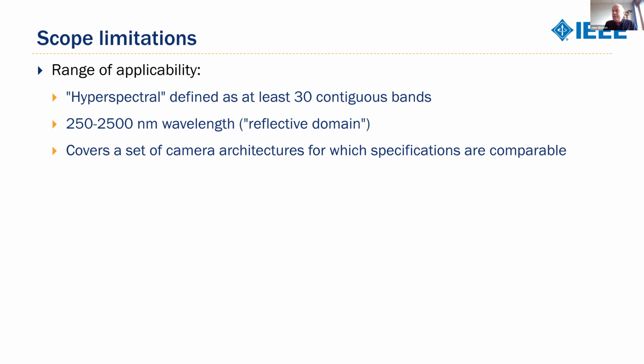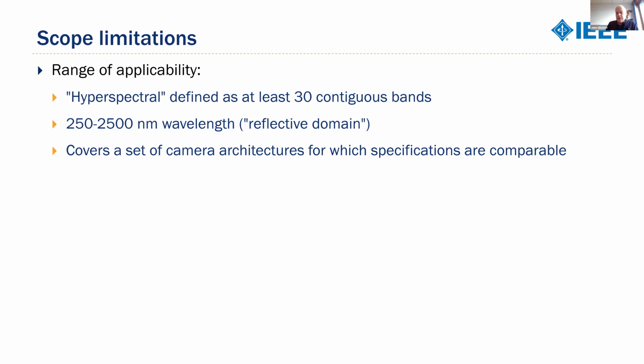So there are some limitations on our range here. We define hyperspectral because we are required to define the words in our formal document to have at least 30 contiguous bands, such that the relative bandwidth is no more than 1/30.